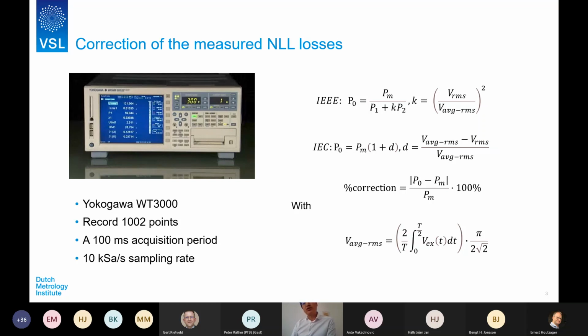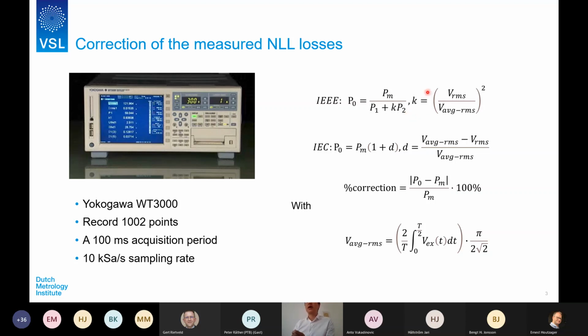If you can see the formulas in this slide, there are two formulas recommended by the IEEE and IEC standards to calculate the correction values for the measured losses due to the harmonic distortion. P0 is the correct value, PM is the measured value. For the IEEE, P1 and P2 are separated, representing the hysteresis and eddy current losses.